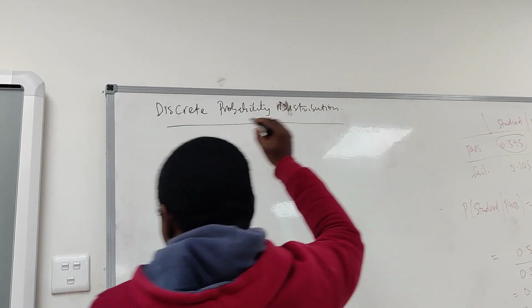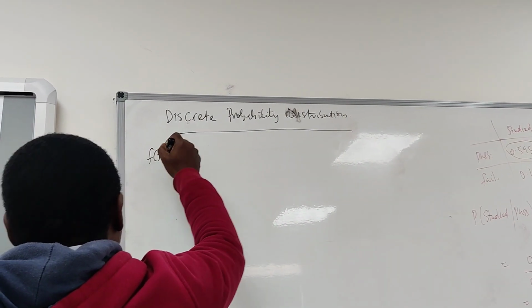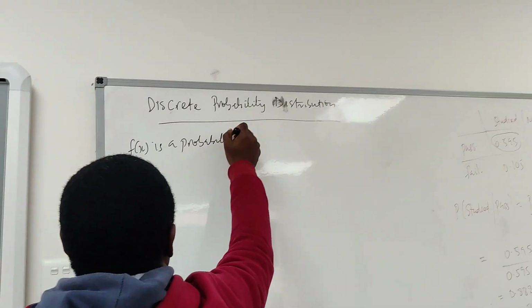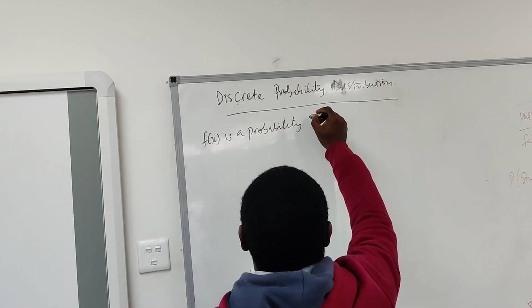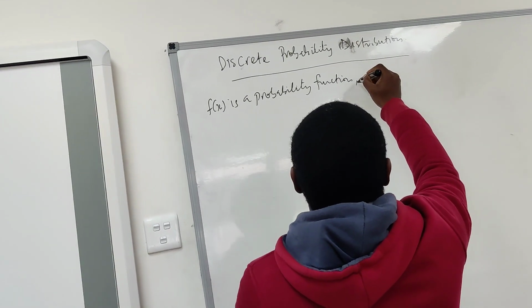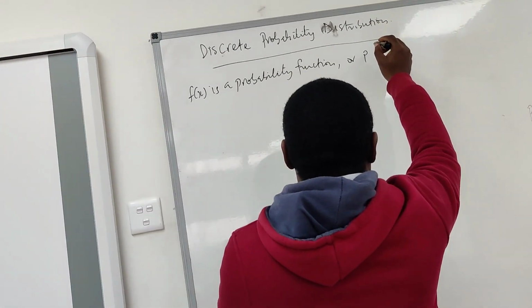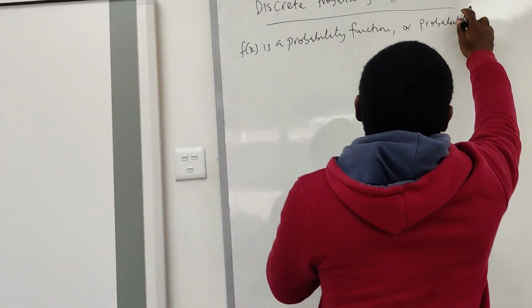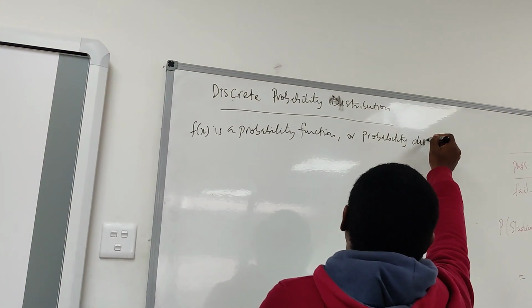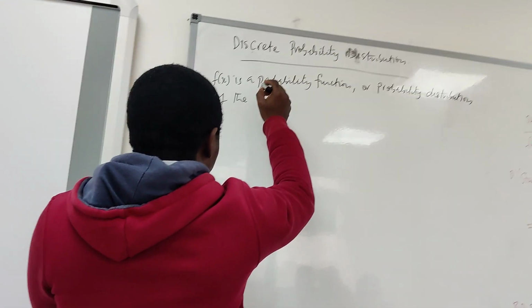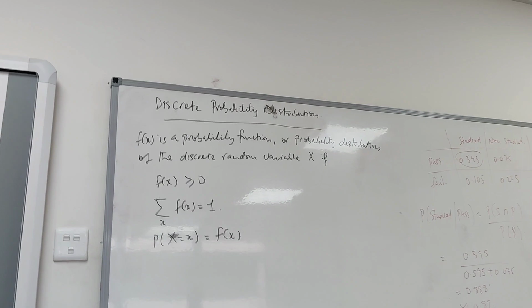Okay. Now, if f of x is a probability function, or probability distribution, of the discrete random variable x.